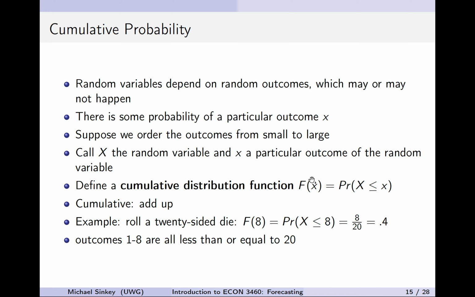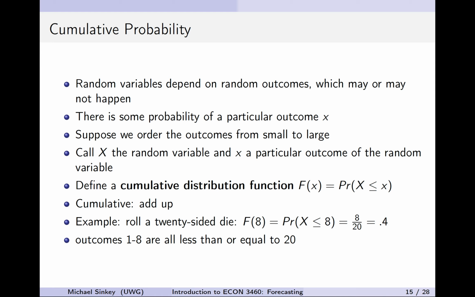So let's take a look at the cumulative distribution function. It's large f of x. It's the probability that the value of the random variable is less than, or equal to, one of the particular outcomes of the random variable. So if we think about the 20-sided die, let's say the first outcome is 1. What is the probability that the random variable will be less than or equal to 1? Well, only one of the 20 outcomes corresponds to 1, and so 1/20th is the probability.